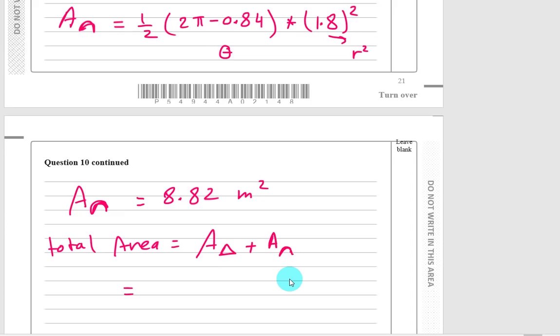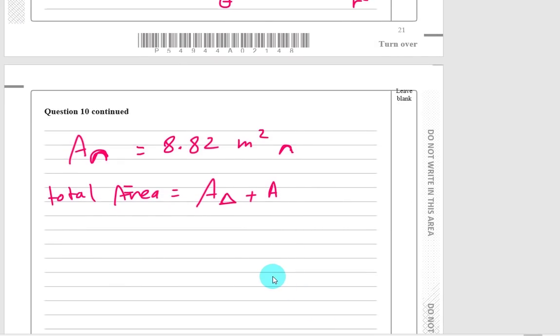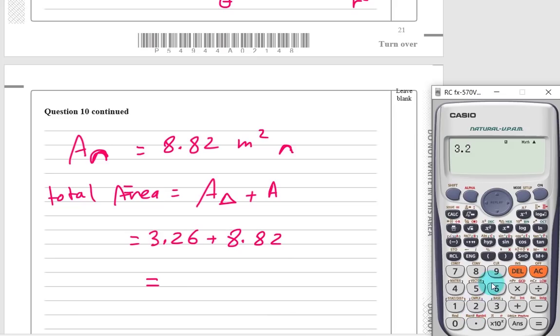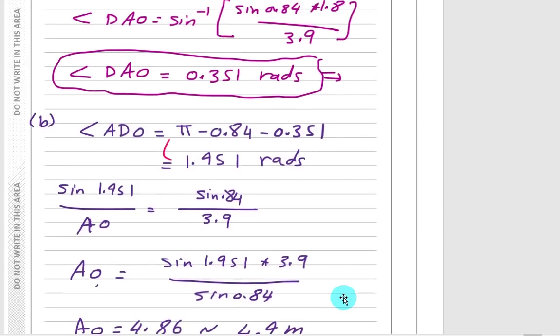So it's equal to 3.26 plus 8.82. So the total area is equal to 12.08 meters square.